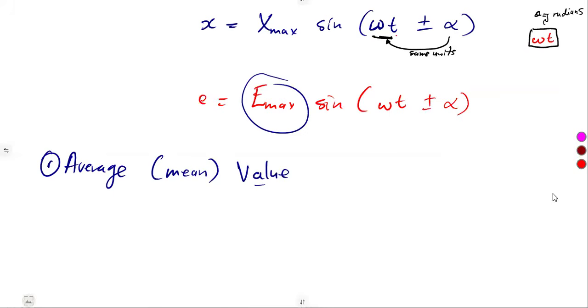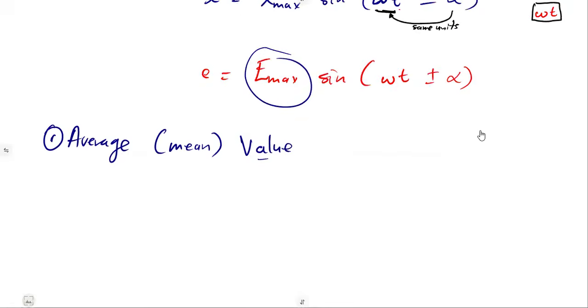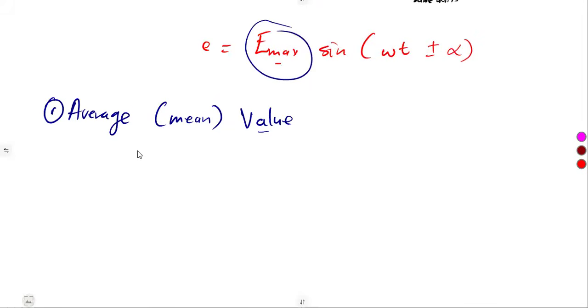Remember, average, that's mean. The average or the mean value can be determined if you have the maximum value. The average value can be calculated as 0.637 of the maximum value. If it is current, we have the same thing there.